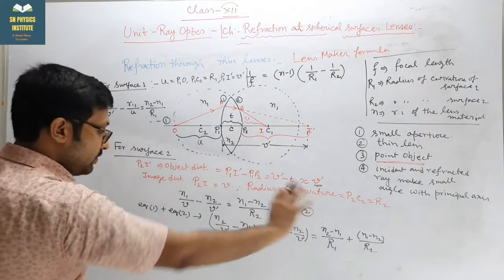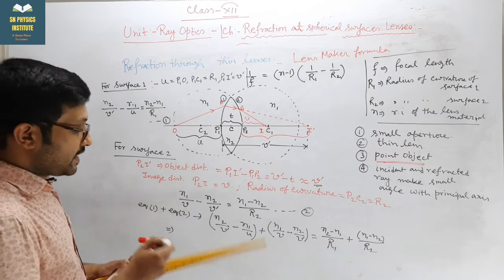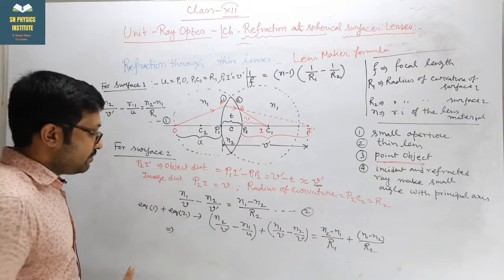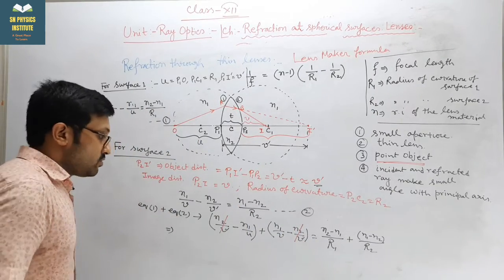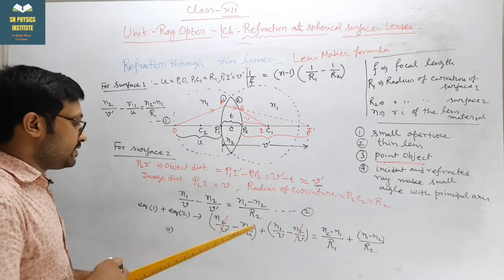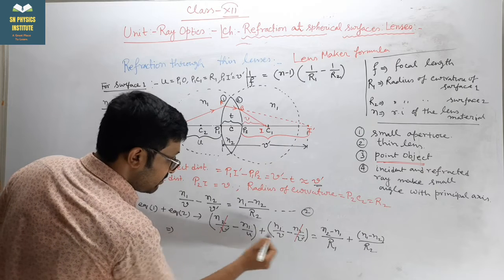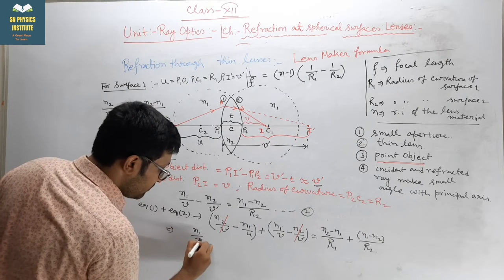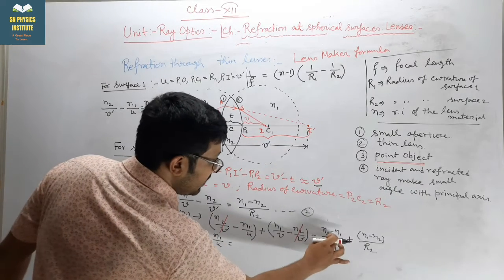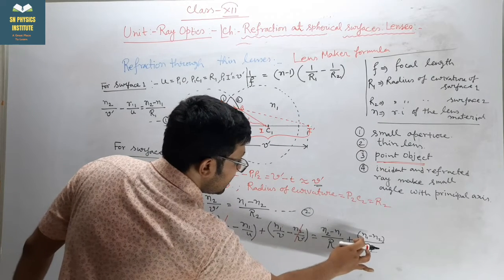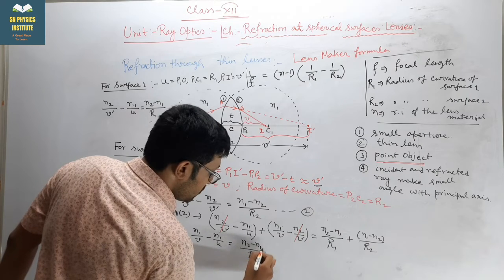If you understood this, I can write the next line. See which one is cancelling here: n2 by v prime and n2 by v prime cancel. So you can write very easily n1 by v minus n1 by u is equal to n2 minus n1 by R1, and this is n1 minus n2 by R2. So I can write n2 minus n1 by R1, no problem.